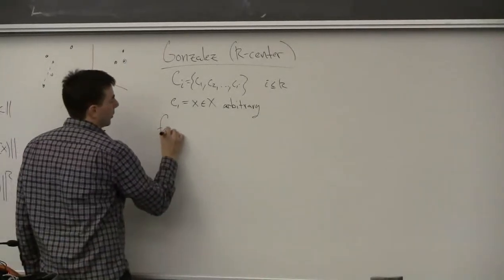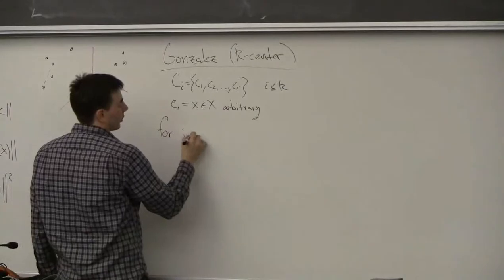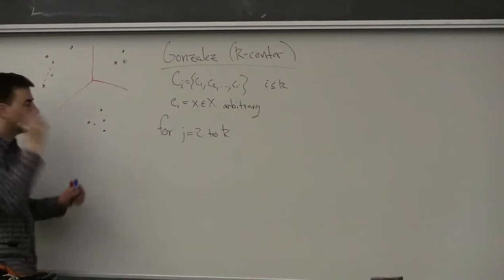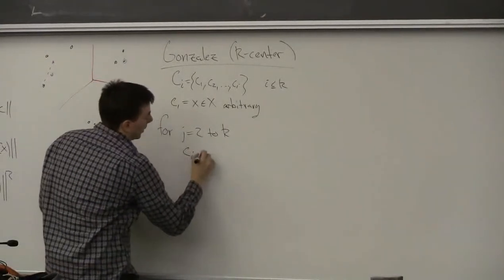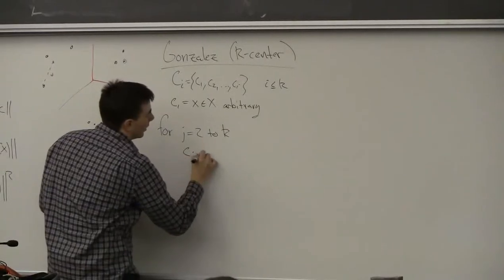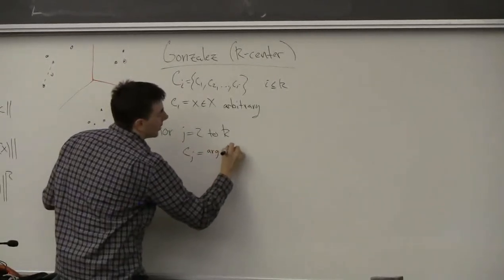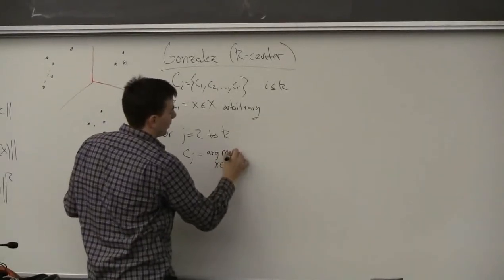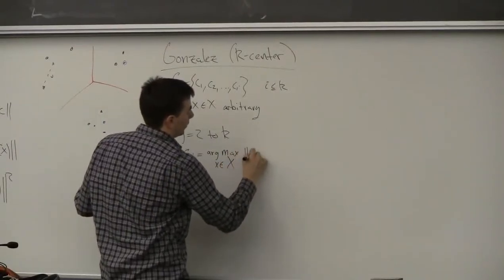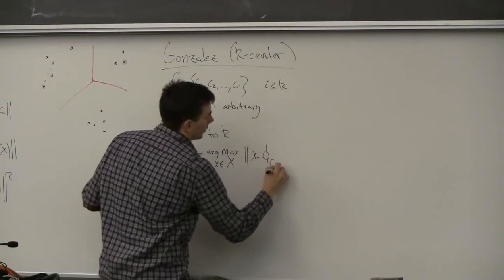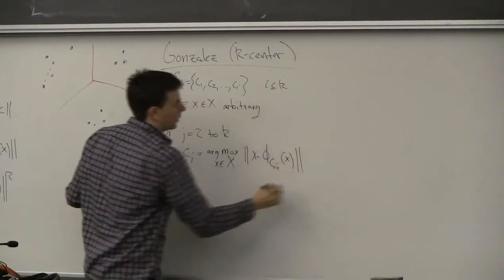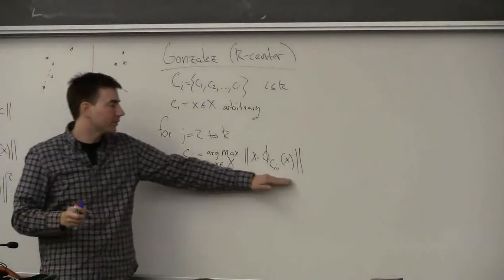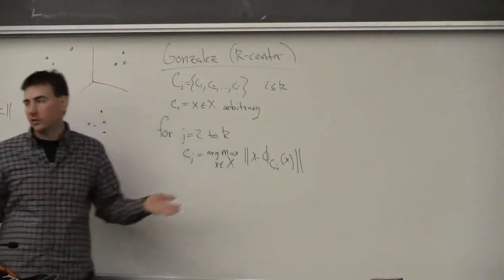And then you go through a fairly simple for loop, and you basically just have to do one thing. C_j is going to be the arg max over x in our set of the distance to the assigned center. So we look at all the elements in the set and their distance to their assigned center, using only the centers we've so far defined.